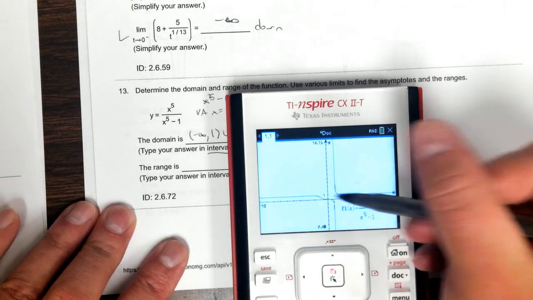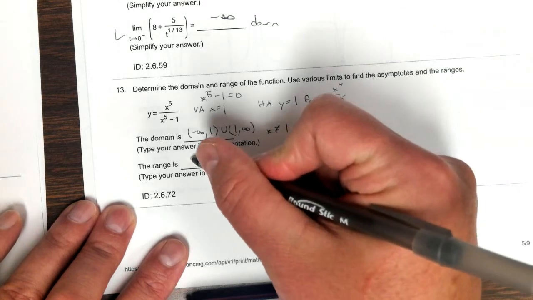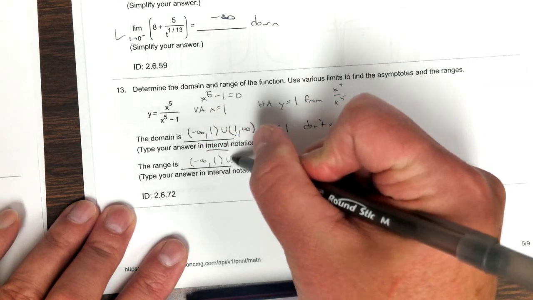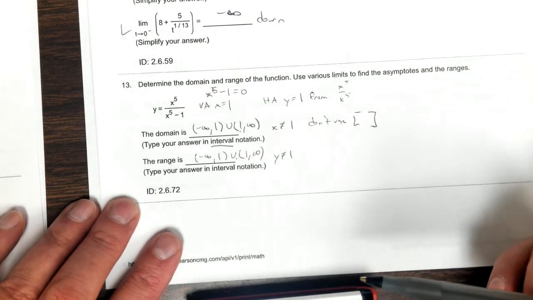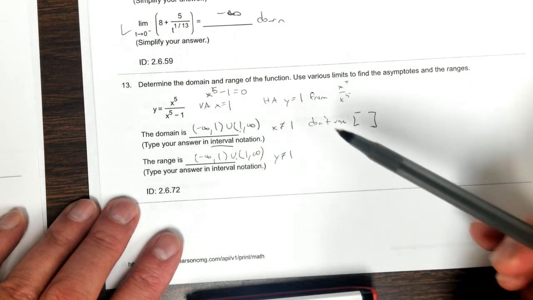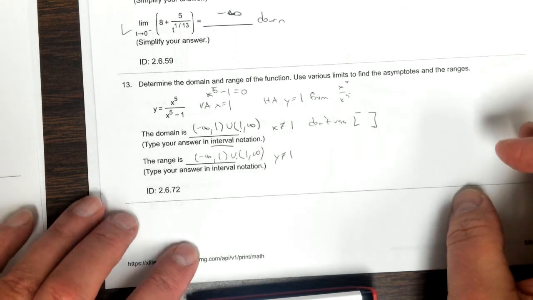And on the range, we have a horizontal asymptote at y equal positive 1 also, so this would be negative infinity to 1 union 1 to infinity. It's not always going to be the same thing, but in my case it was because our vertical asymptote and horizontal asymptote were the same.